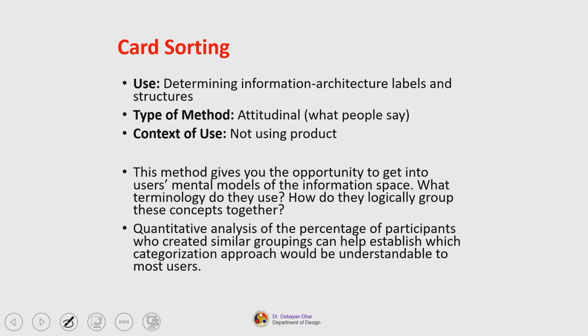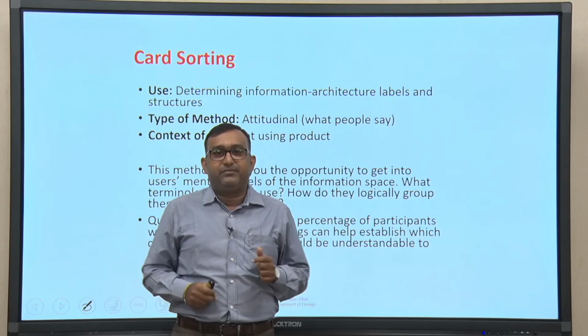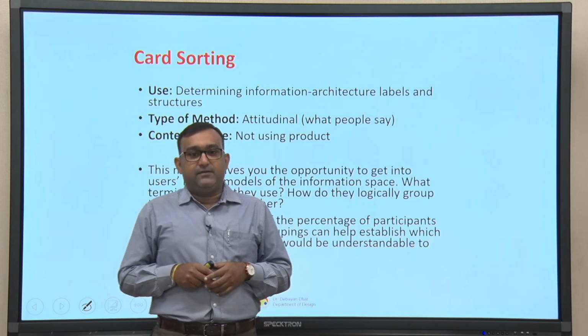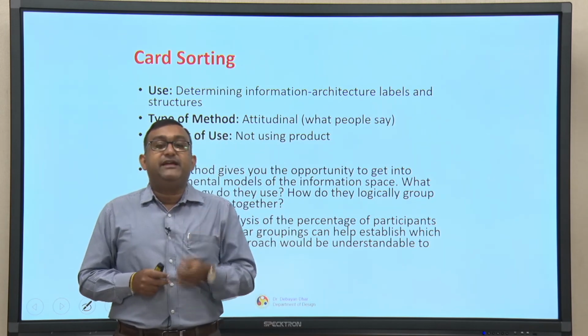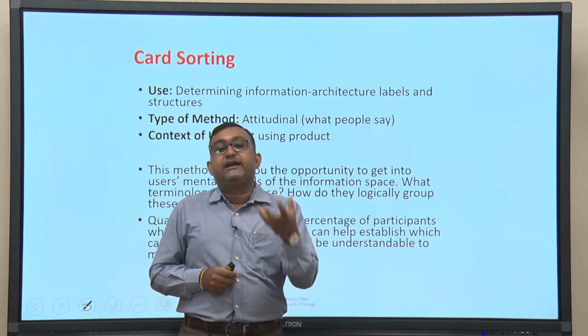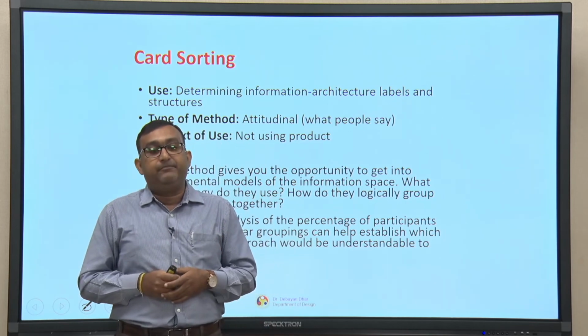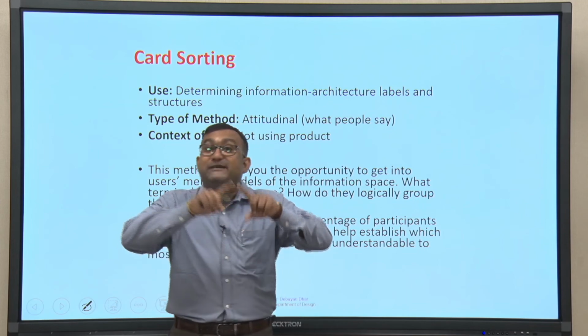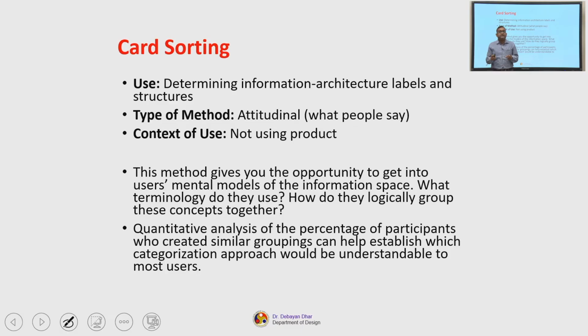The answer is here. This method gives you the opportunity to get into the user's mental model of the information space. What terminology do they use? How do they logically group these concepts together? Now, quantitative analysis of the percentage of participants who created similar groupings.